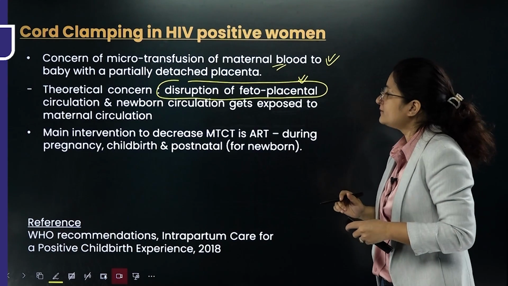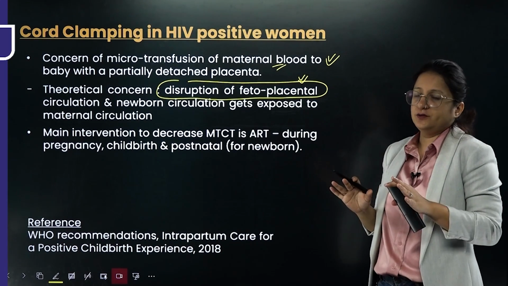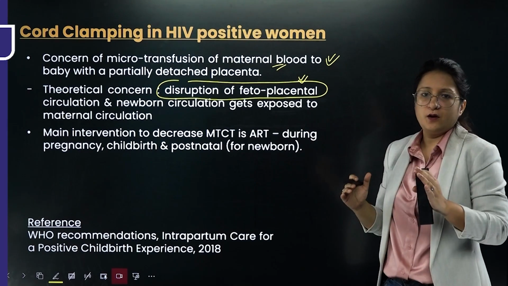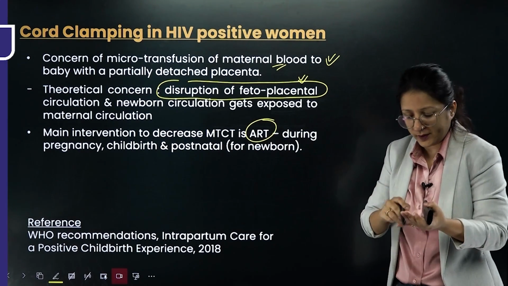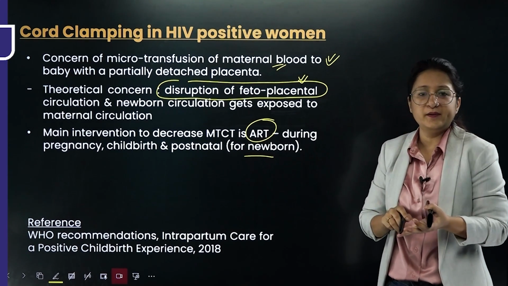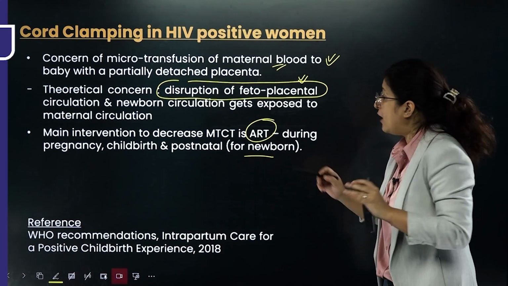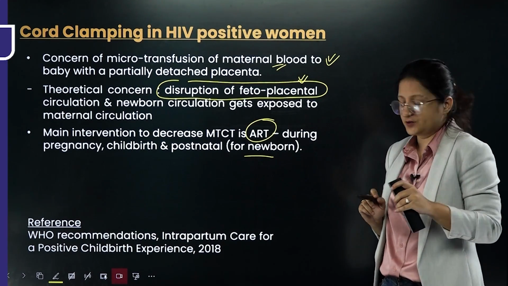Okay. Now, the WHO says that the main intervention to prevent mother-to-child transmission of HIV is giving antiretroviral therapy during pregnancy, during childbirth, and even for the newborn in the postnatal period. That is our main mechanism of decreasing mother-to-child transmission.